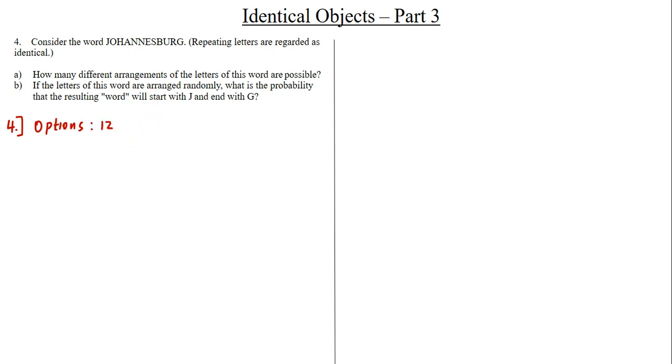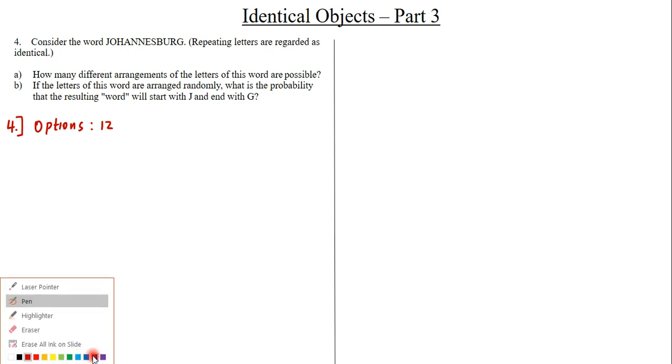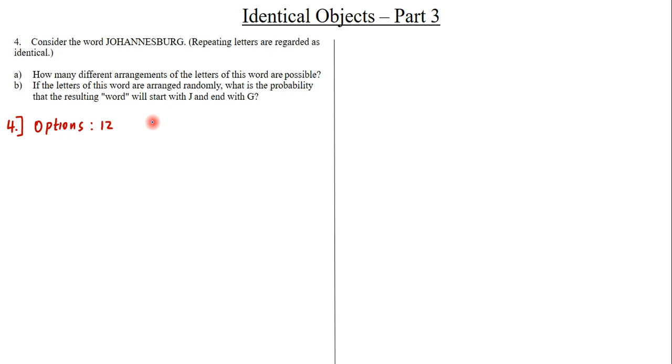Then you're going to see if you have letters that are identical, and count those. So I'm going to write here identical letters, and then write which letters those are.